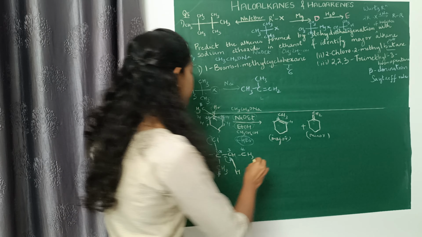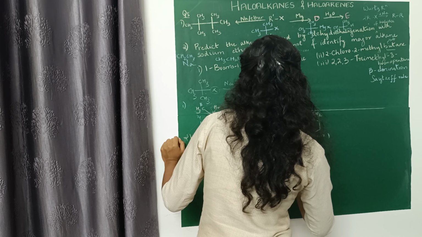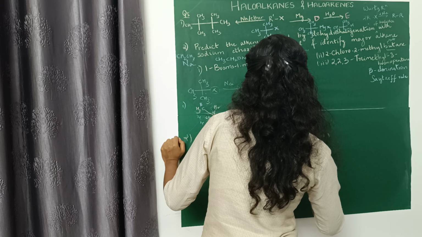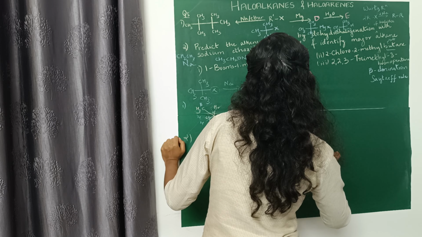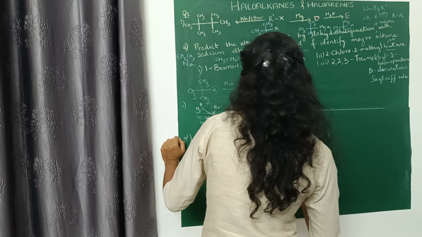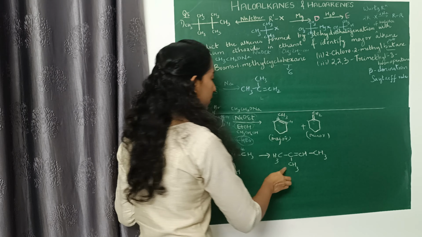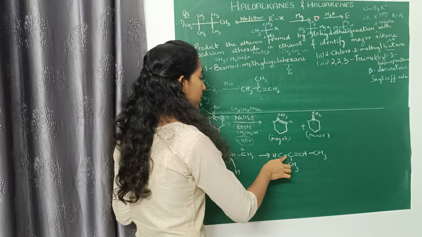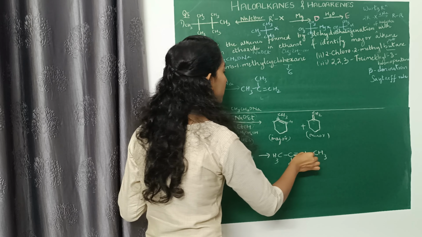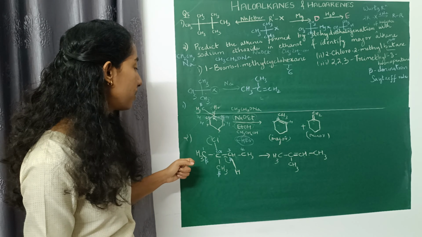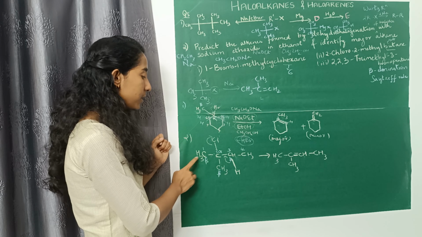This is the double bond. Then what will be the other product? You can remove hydrogen from this carbon because this is a beta hydrogen.